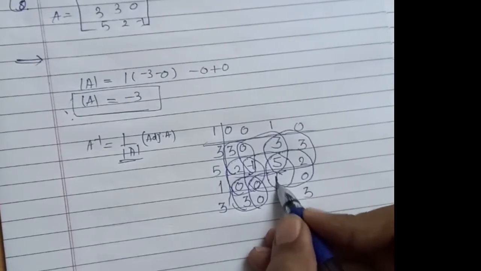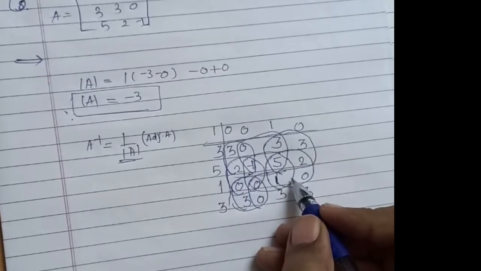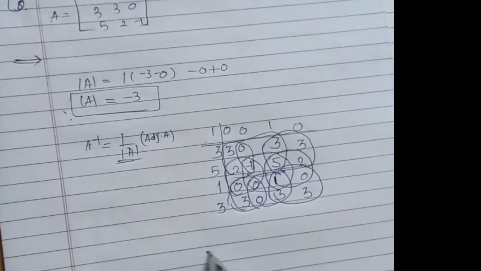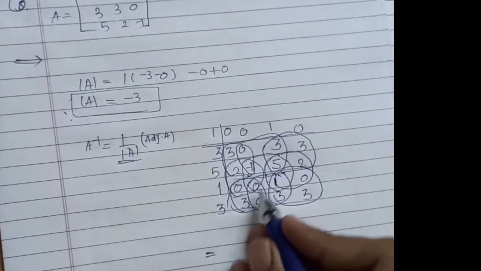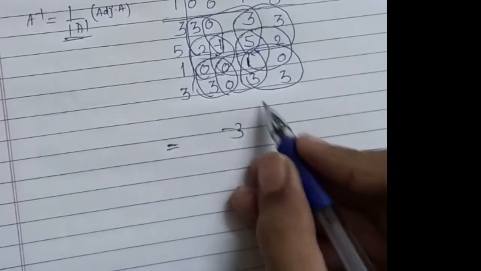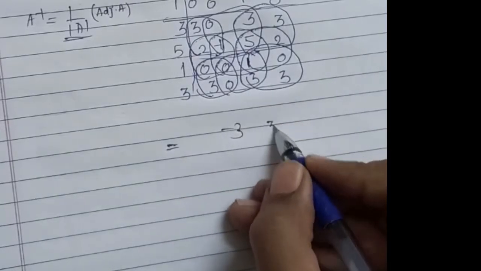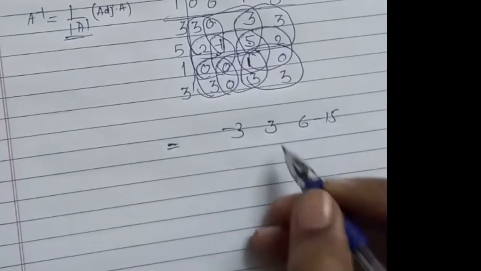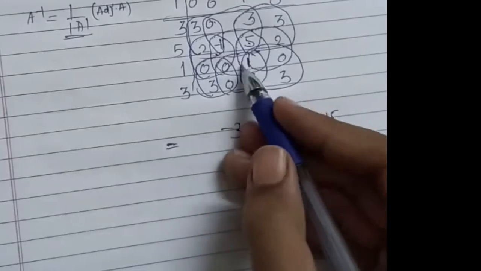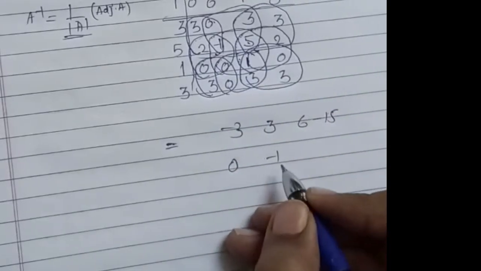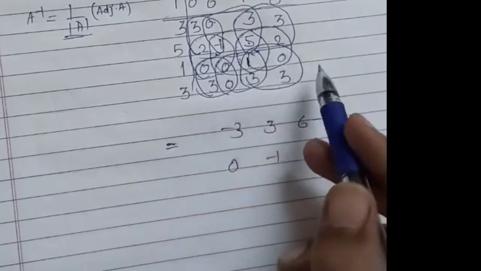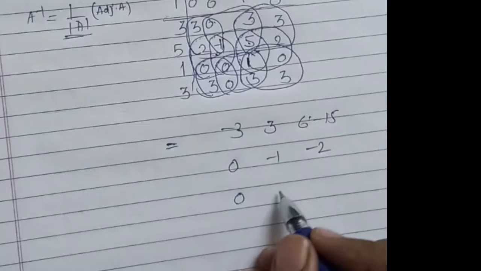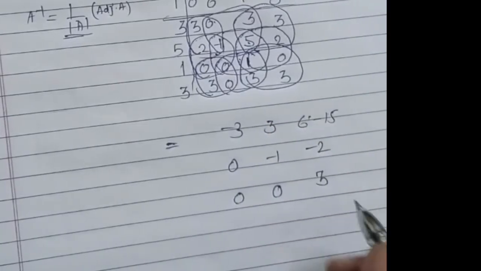Here it is 1, here it is 1. Now we can see here it is minus 3, here it is 3, here it is 6 minus 15, here it is 0, minus 1, minus 2, here it is 0, again 0, here it is 3.